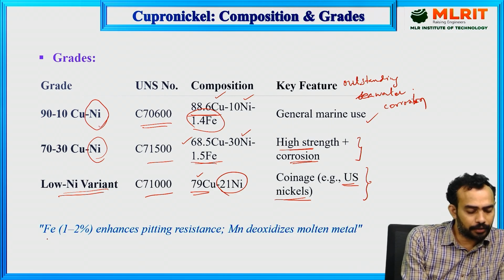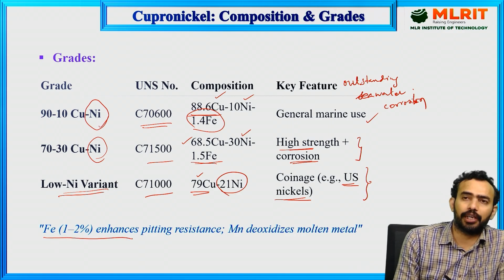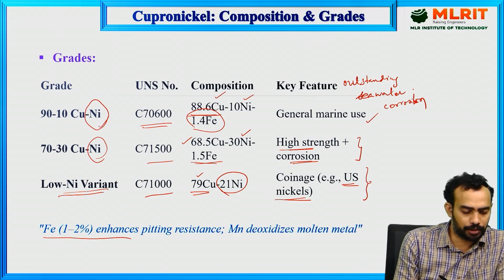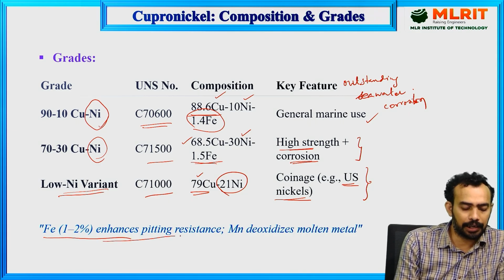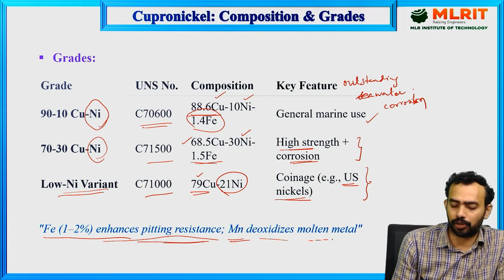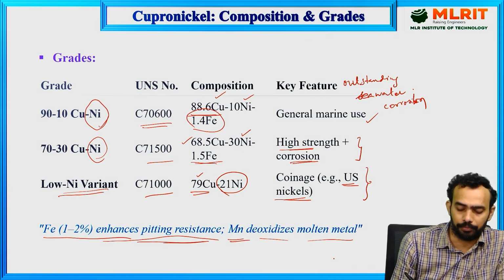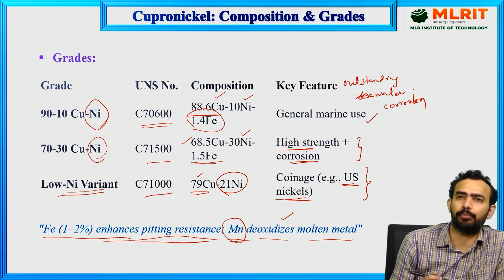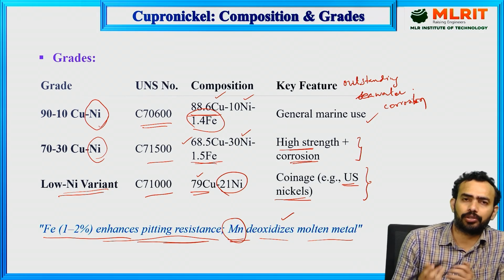Iron, which is considered at about 1 to 2 percent, will significantly enhance its pitting resistance, and manganese is considered for deoxidizing the molten metal. So manganese will help in deoxidization and prevent the oxide layer.